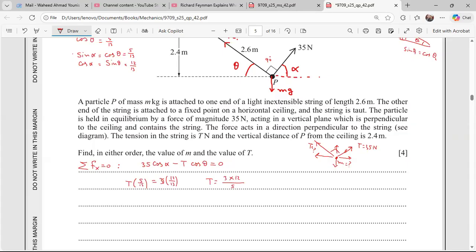So this is 35 times 12 over 13. This comes out to be 84 Newton.